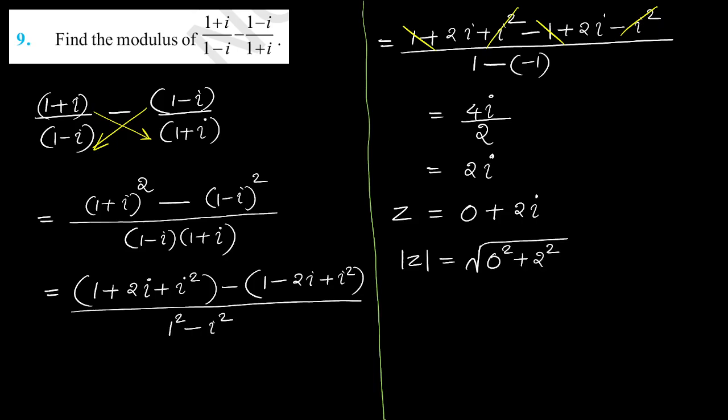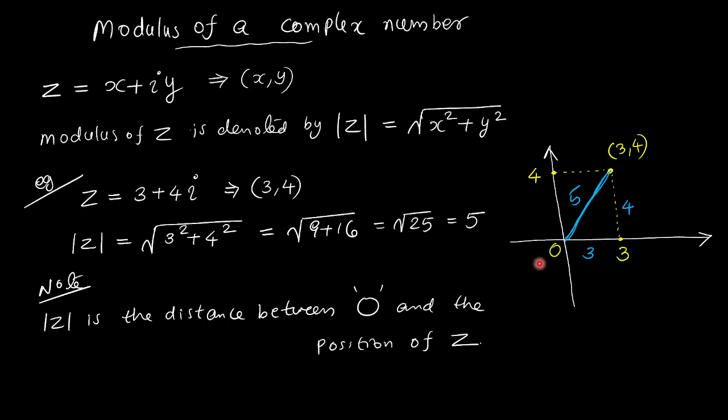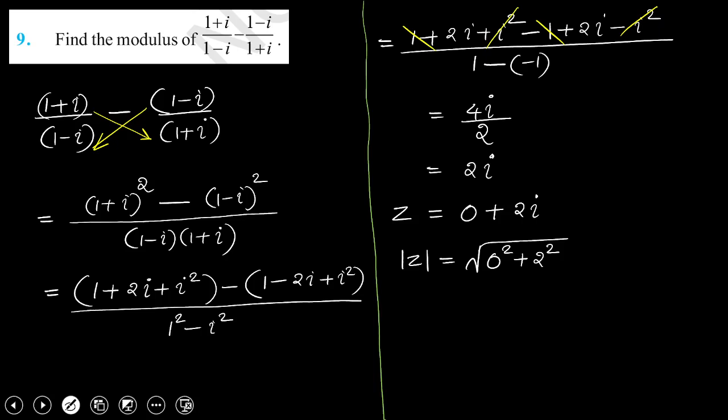Don't write 2y whole square. The formula is root of x square plus y square. i will not be there in this formula. So the modulus of 0 plus 2i will be root of 0 square plus 2 square, root 4. 2 is the answer.